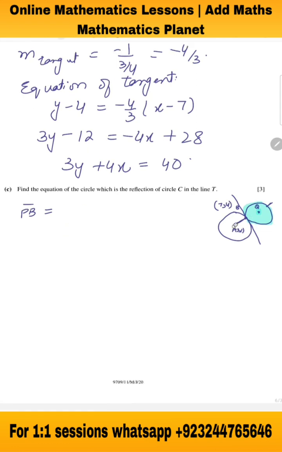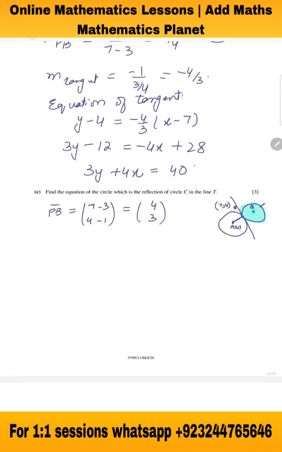So the distance between P and B is 7 minus 3, 4 minus 1, which is equal to 4, 3. So we get the distance of PB, that is 4, 3.